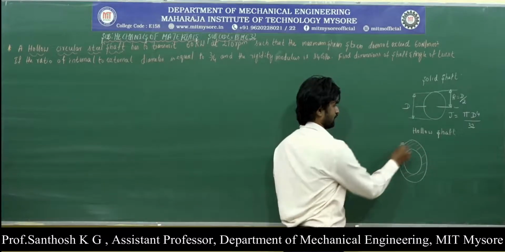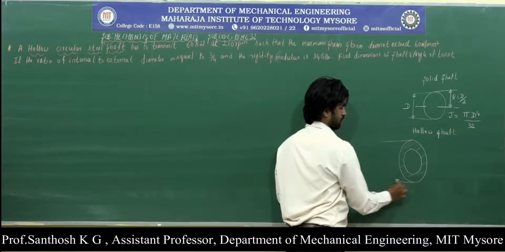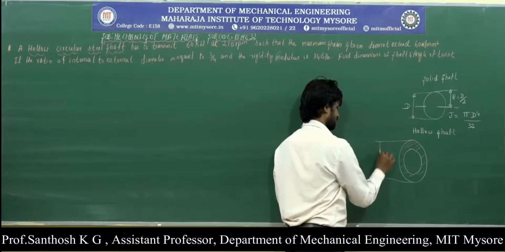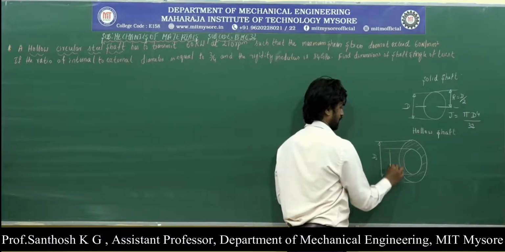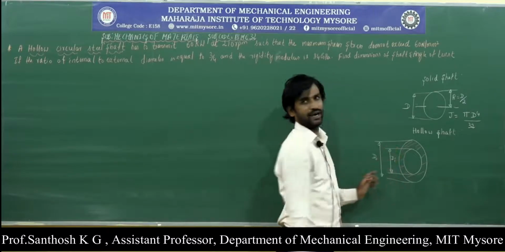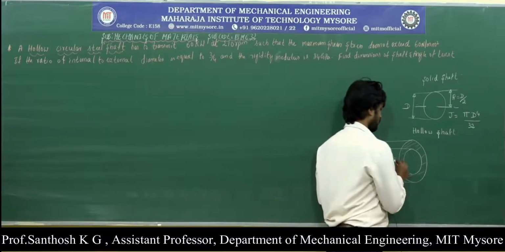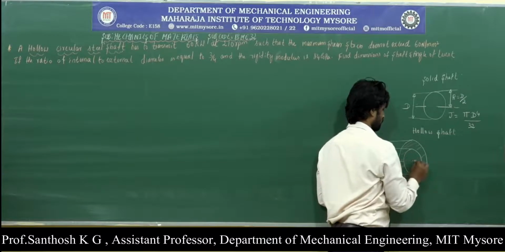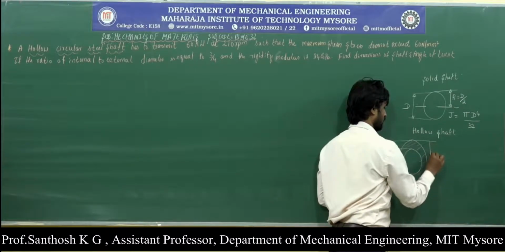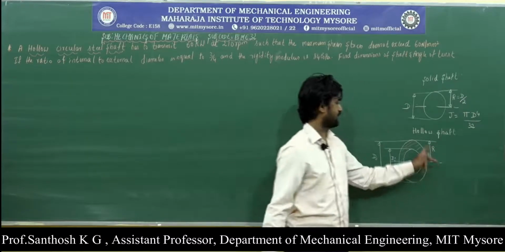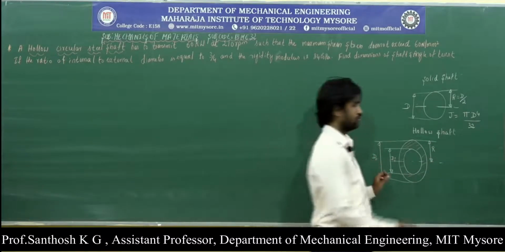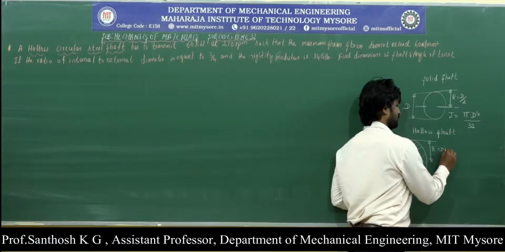The outer diameter of this hollow shaft, let us say it is D naught, and the inner diameter is DI. The value of R for this hollow shaft represents the distance between these two lines and it will be equal to D naught by 2.